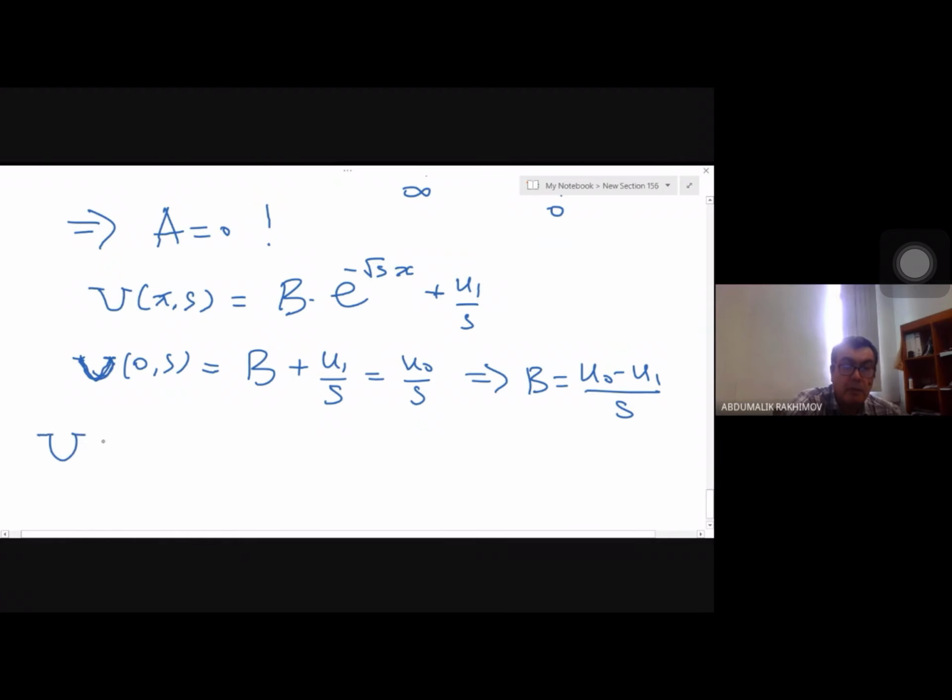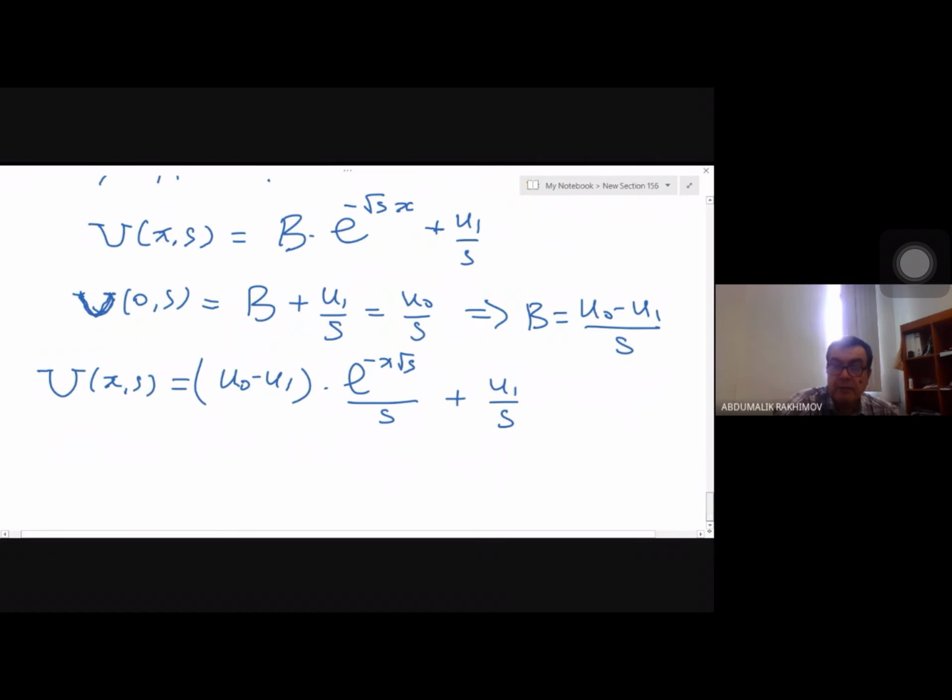Now I can substitute b here and find u. u capital x, s is equal to b, where b is u0 minus u1, times exponential minus x times root of s, over s, plus u1 over s. Now I can find the inverse of this.